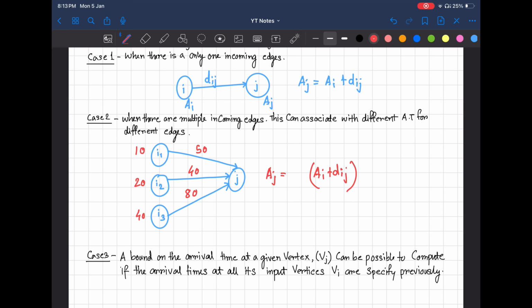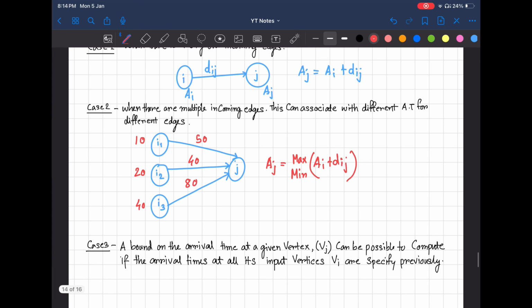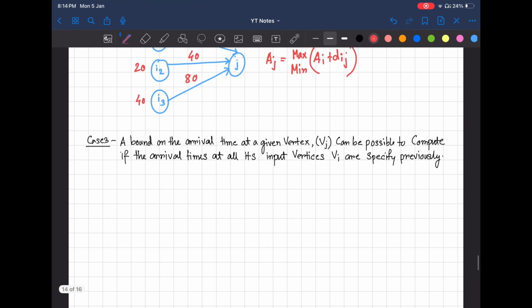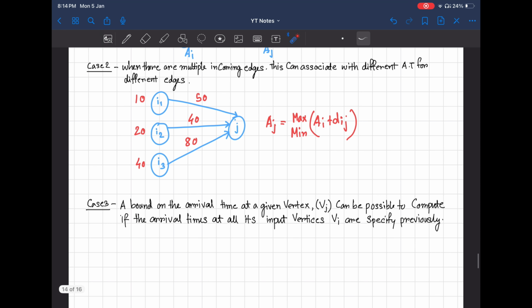Suppose for setup analysis you go for the maximum arrival time, and for hold analysis you go for the minimum arrival time. So this type of scenario can happen. Then we can come to another scenario, which is the same as this one, but there is a catch.